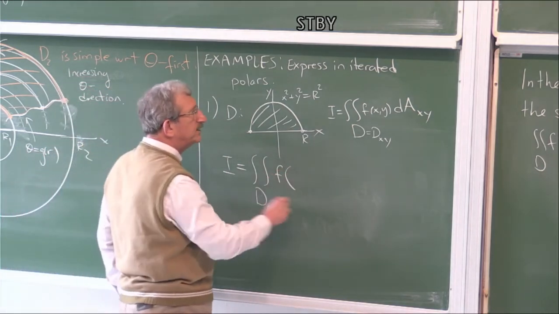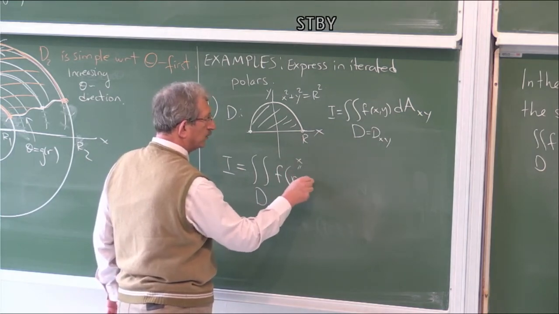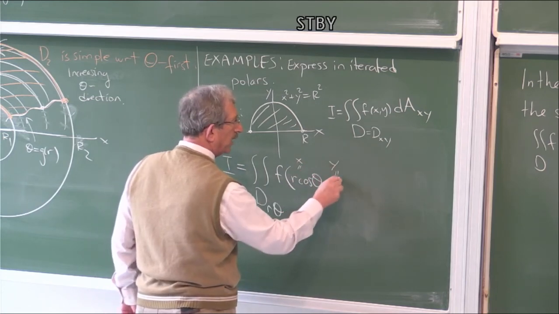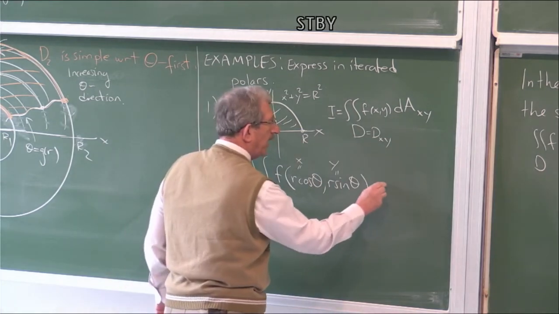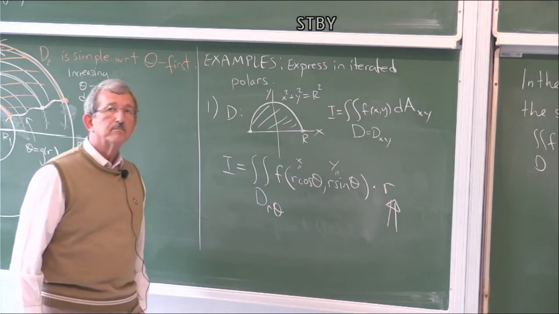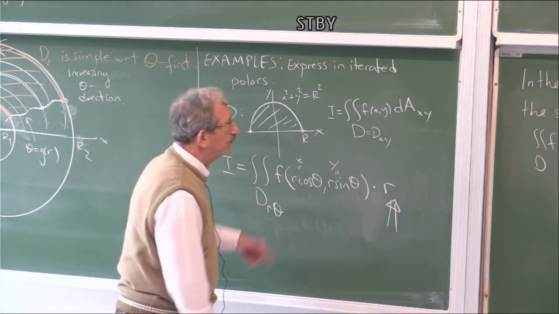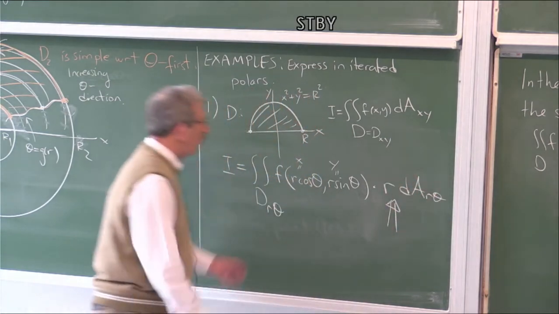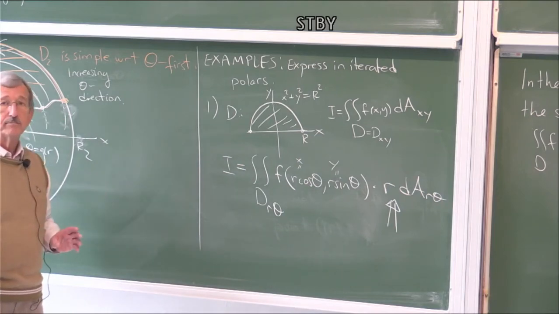So instead of x, we write r cosine theta. Instead of y, we write r sine theta, apply our function. And now we have some r factor coming, because we use polars. And everything now is in polars. Okay, we are finished as a double integral.